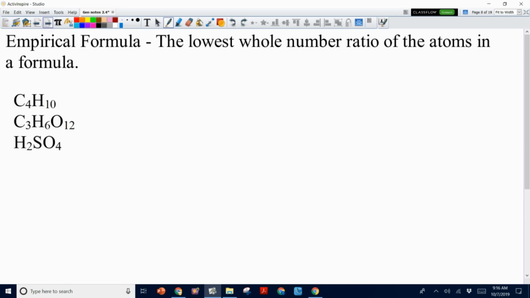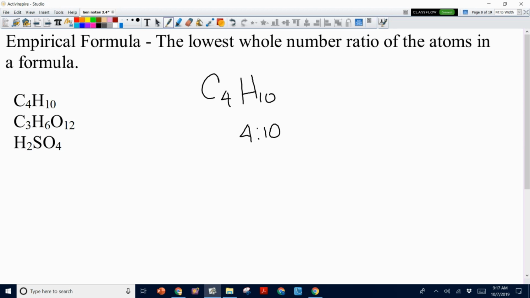All right, so let's talk about what an empirical formula is. So write down this definition. The empirical formula in chemistry is the lowest whole number ratio of the atoms in the formula. So if we look at this first one, C4H10, right now the ratio of carbon to hydrogen is 4 to 10. 4 carbons to 10 hydrogens. But is this the lowest whole number ratio?